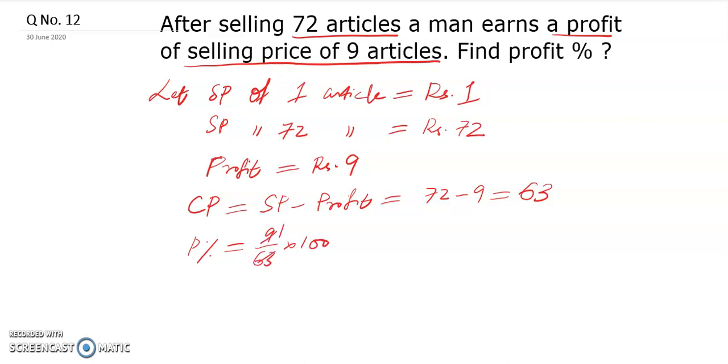So 9 1s are 9, 9 7s are 63. Now again we have got this fraction 1 by 7. This is the base unit. So 1 by 7 is equal to 14, 2 by 7%. We can directly write our answer. So this is our answer.